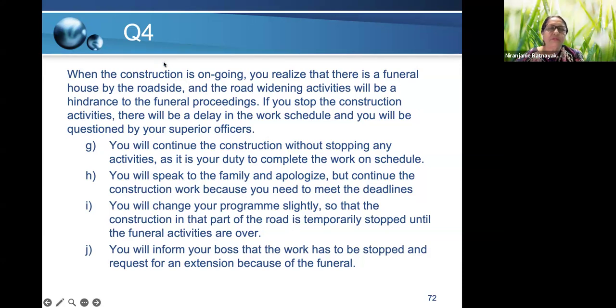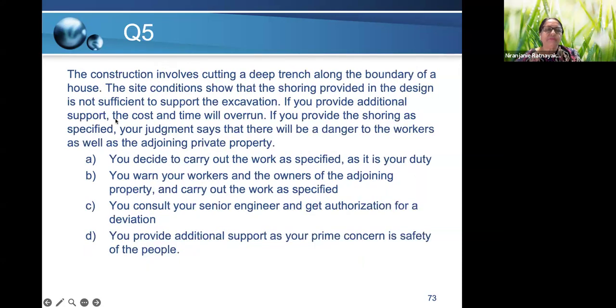Okay, let's do question 5. Construction involves cutting a deep trench along the boundary of a house. The site conditions show that the shoring provided in the design is not sufficient to support the excavation. If you provide additional support, the cost and time will overrun.